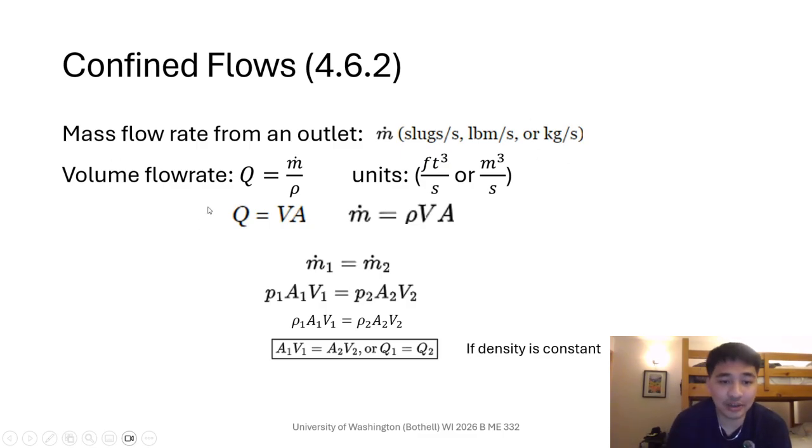And we also get this term, the volume flow rate, which is defined by Q, and Q is equal to this m dot divided by density, right? So then your units become exactly what it sounds like, volumetric flow rate, which is your volume divided by seconds.